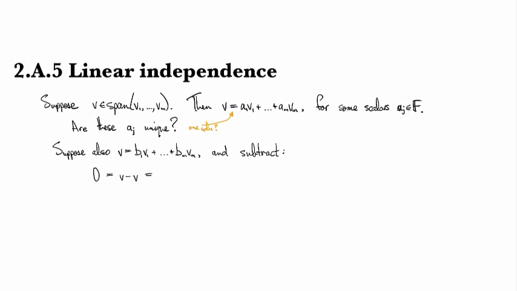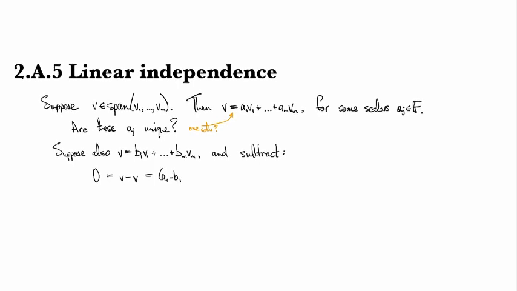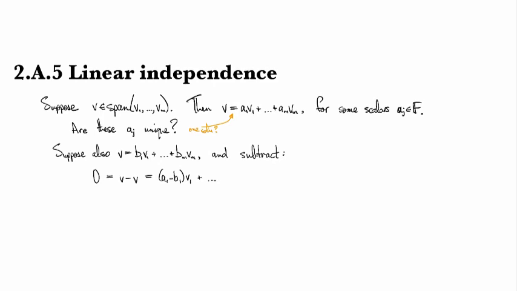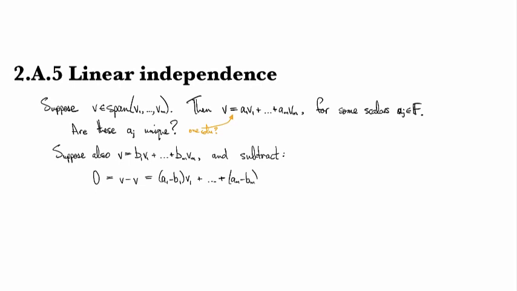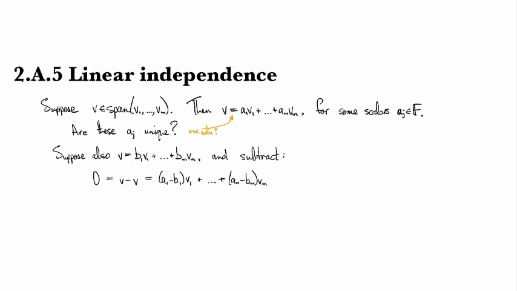And then on the right, we're going to have the a terms minus the b terms. So if I group the v1 terms together, I can factor the v1 out like this, and so forth. So I have something that looks like this.